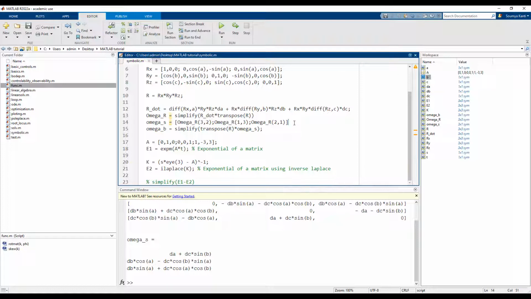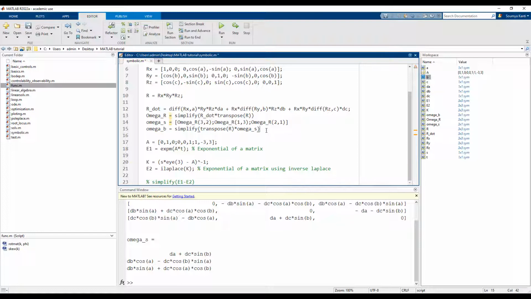Okay, and now this was actually the space fixed angular velocity. Suppose I want to find out what is the body fixed angular velocity. I can always do r transpose r dot, but I already have omega s, the space fixed angular velocity. I can multiply r transpose with omega s and get back omega b.